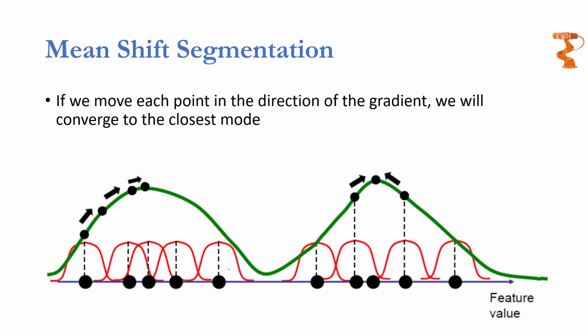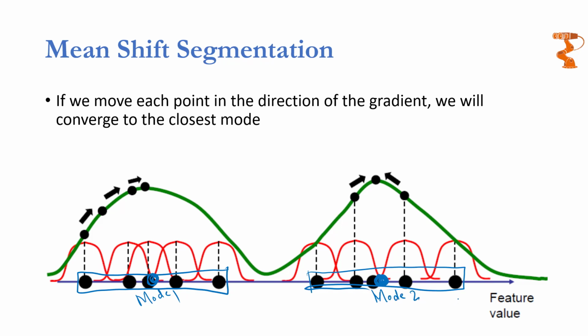So at the end, all these 5 points are going to gather over here, and all these 5 points are going to gather over here, and they are going to stop. So we have achieved stability with 2 points. So we will call this one mode 1 and this one mode 2.